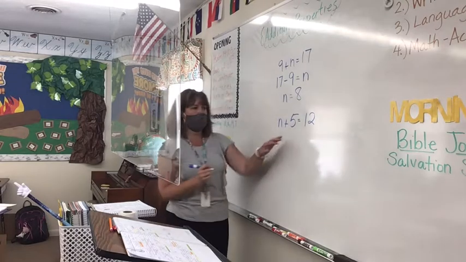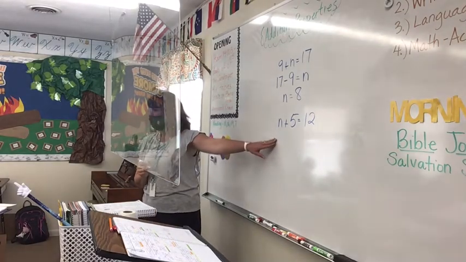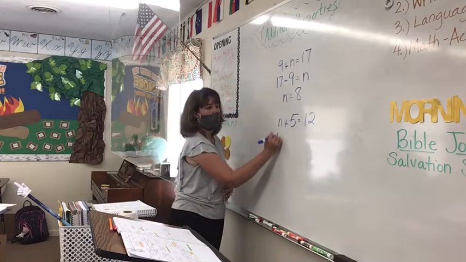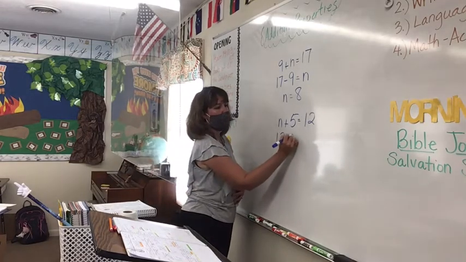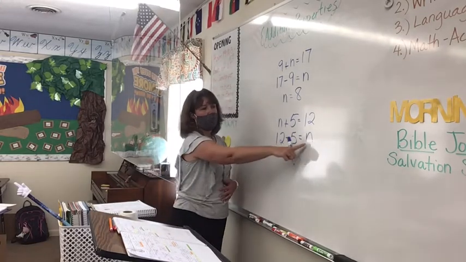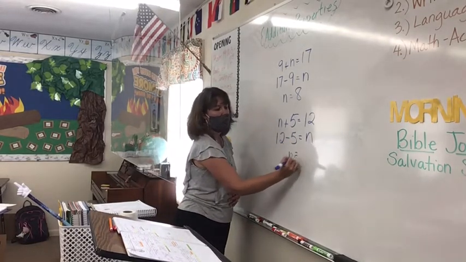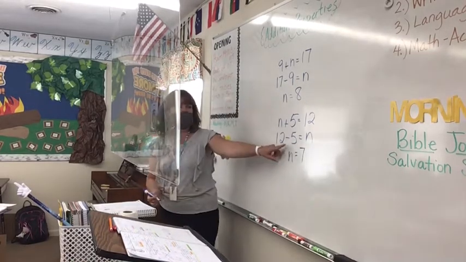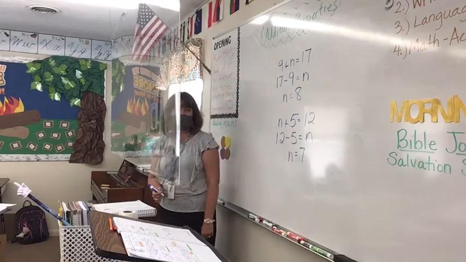Okay, let's write this as a subtraction problem. Autumn? 12 minus 5 equals n. So what does n equal? 7, because 12 minus 5 is 7. N equals 7.